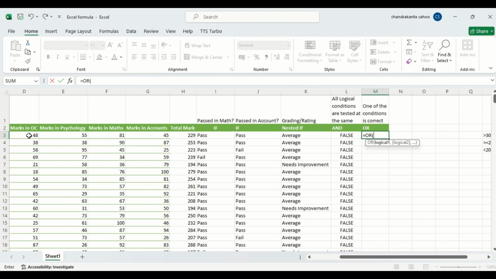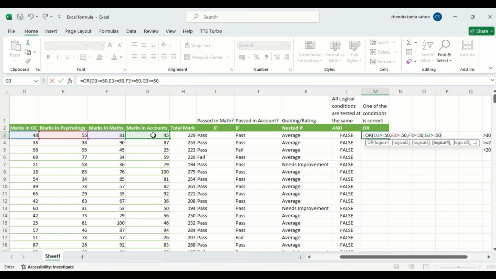If this is greater than or equal to 50, logical condition 1, comma, then this cell is greater than or equal to 50, comma, then this cell is greater than or equal to 50, comma, there is another subject, then this cell is also greater than or equal to 50.